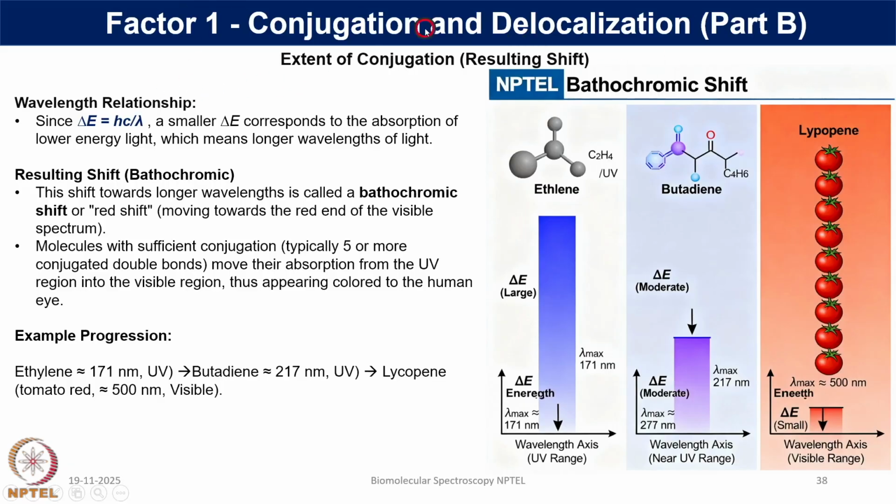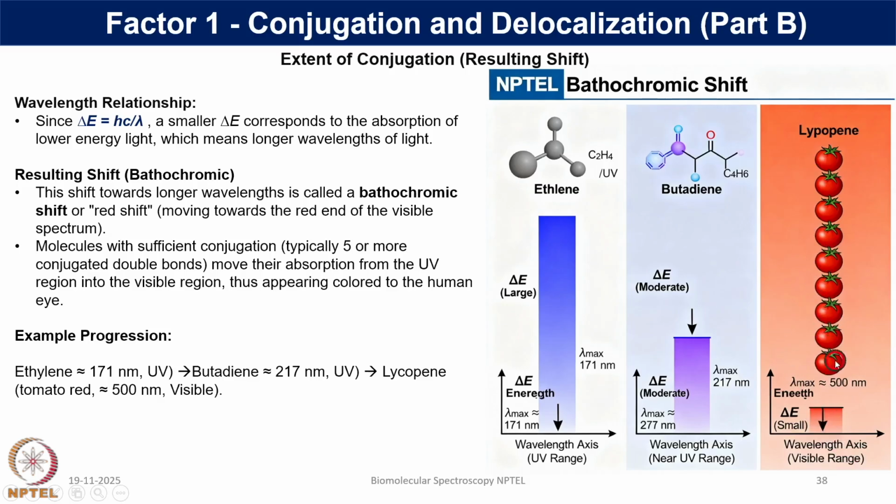Now, that leads to the factors of conjugation and delocalization, which determine what is absorbing at higher wavelength and what is absorbing at lower wavelength. If delta E is larger, the lambda max is 171, meaning lower wavelength. If delta E is smaller or moderate, your absorption happens at 277. For an example, lycopene in a red tomato, it is red, its delta E will be less, and that is why it absorbs at 500 nanometer.